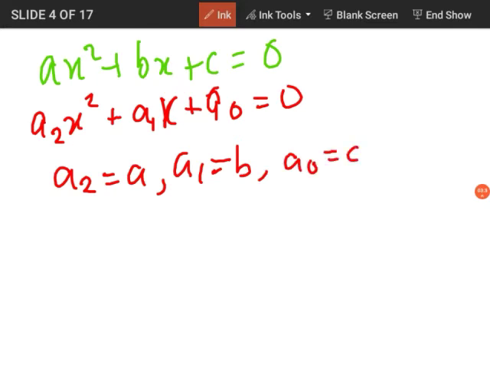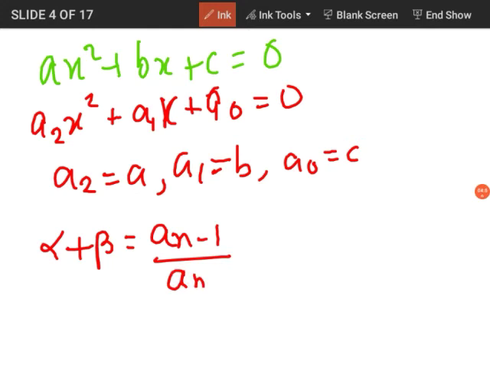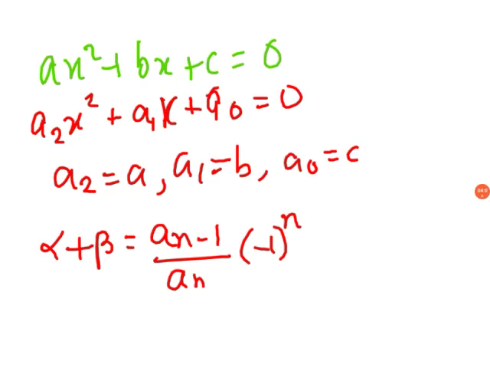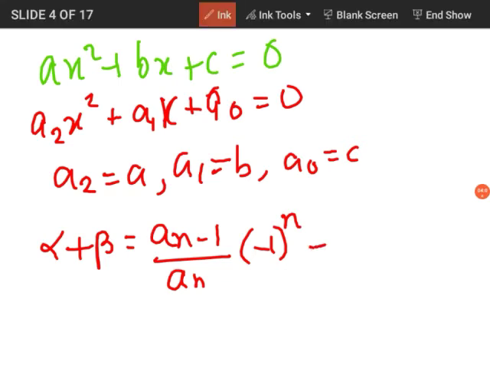So now you tell me what will be alpha plus beta. This will be a n minus 1 upon a n, and now here n is 2, so this will be a2 minus 1 upon a2 raised to the power of minus 1 to the power 1.